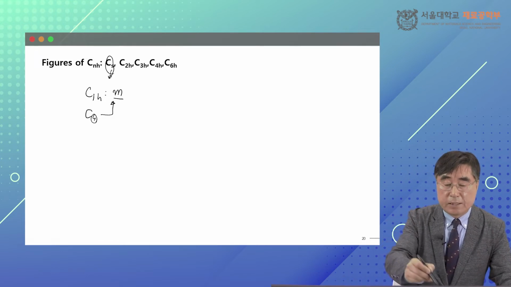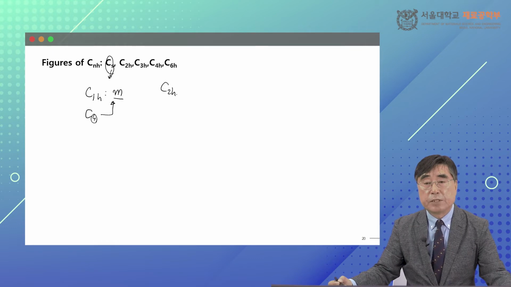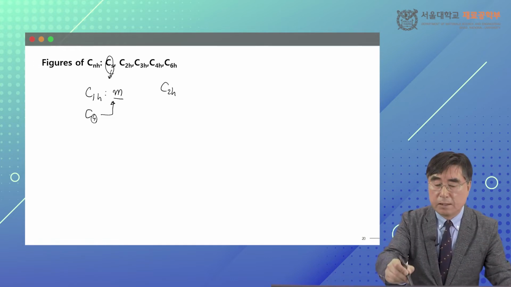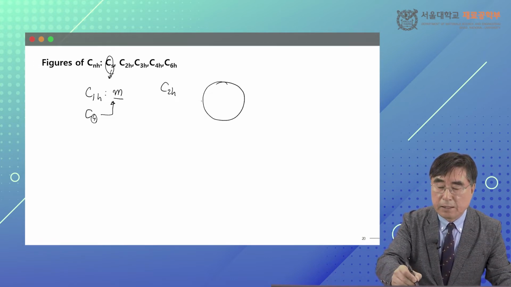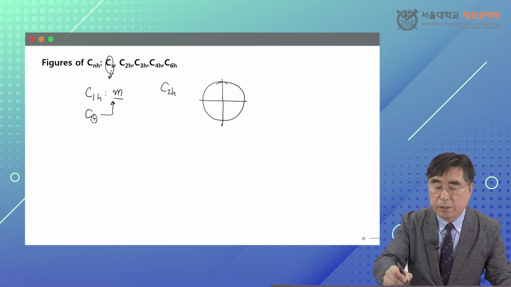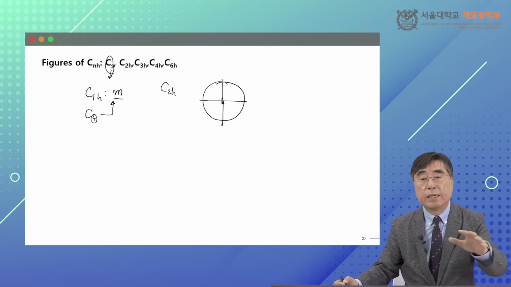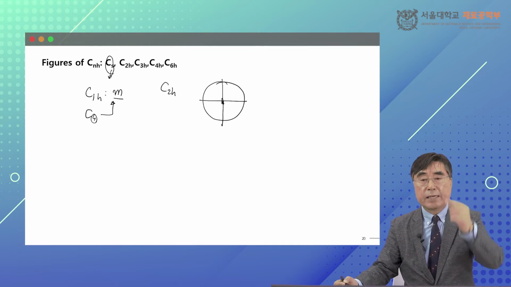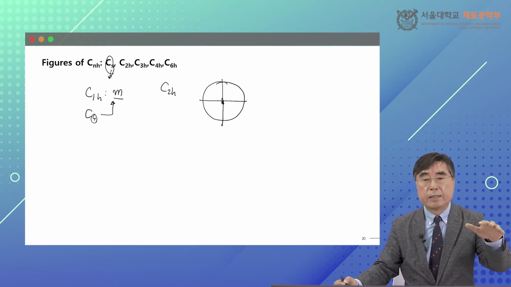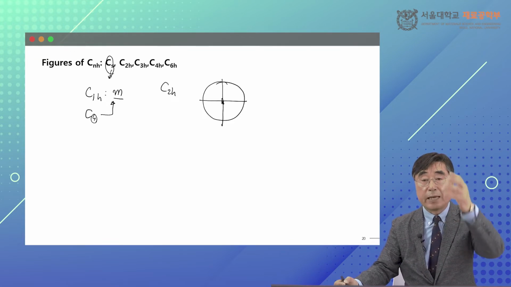Now let's look at C2H. Okay, Schoenflies notation says that it's a cyclic rotation operation of twofold, and you have horizontal mirror plane. So stereographic projection-wise, this one has just one twofold and horizontal mirror plane. When you say that a certain axis has mirror plane, this mirror plane should be perpendicular to that axis.